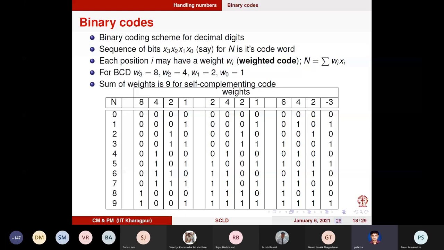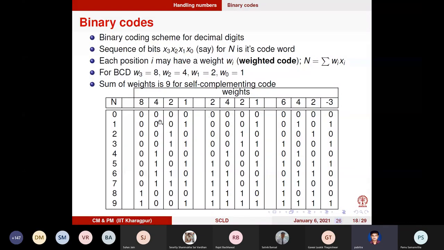So if you have n digits, you have 4n bits to represent an n digit decimal number in its BCD equivalent. The weights for the bit positions are 8, 4, 2, and 1, starting from the MSB to LSB. So this is sometimes called a natural BCD or an 8, 4, 2, 1 BCD.